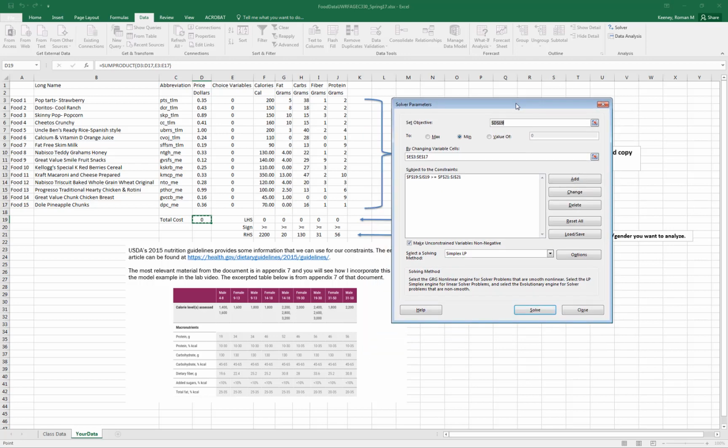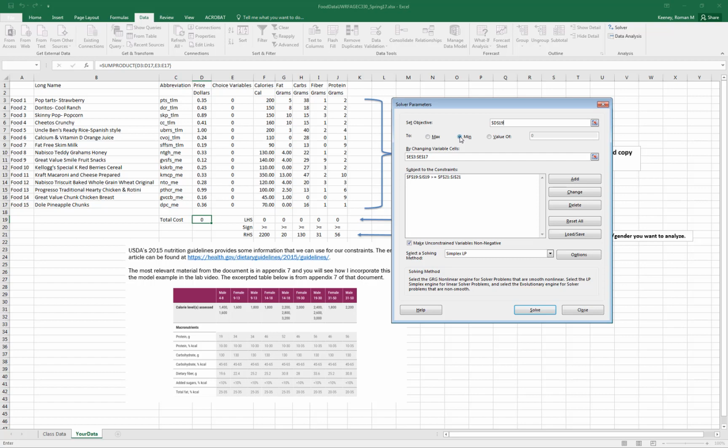I'm not sure why the screen went black there. As long as you don't change where anything goes, this should work. So D19 is the target variable, or the objective variable, right? Total cost. That total cost, remember, adjusts as we change the numbers in these cells.